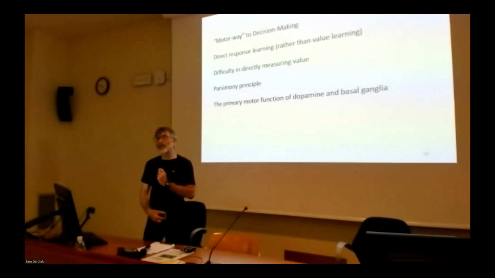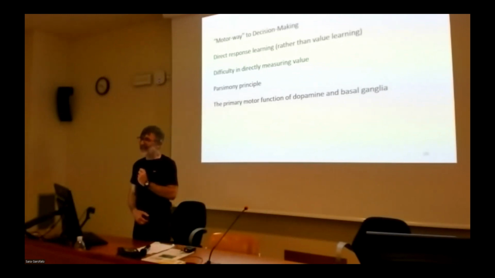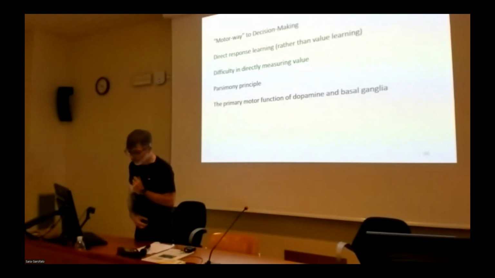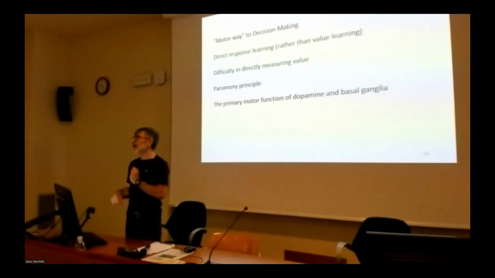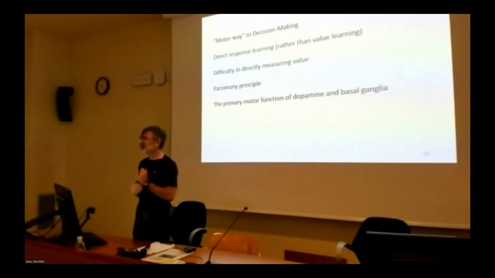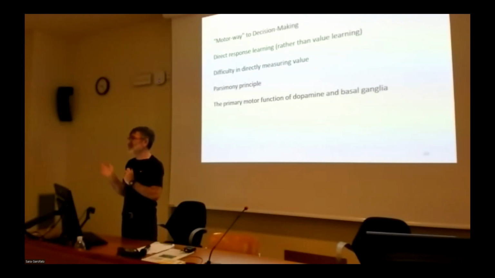Also, it is still under discussion whether we can actually measure value in the brain. Not everybody agrees that we can distinguish value, for instance, from action, or value from sensory.